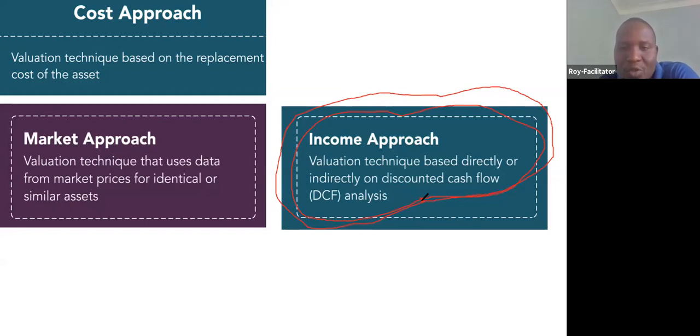Some people call it the income approach, but in corporate finance it is the discounted cash flow, or DCF, model, used to determine the value of a company. So how do we go about it? I'm going to show you.